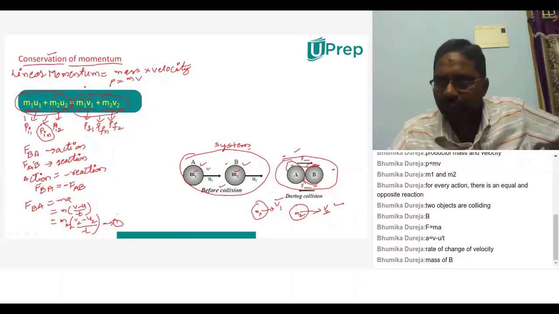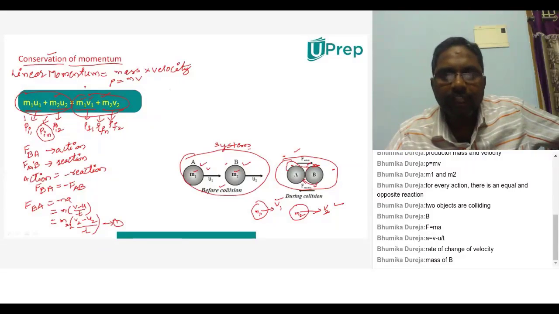Reaction will be nothing but FAB, that means force applied on object A due to B. So tell me, force on A due to B, that means there will be change in momentum of which object? Object A. So when there is a change in momentum of object A by B, then you have to write like this.